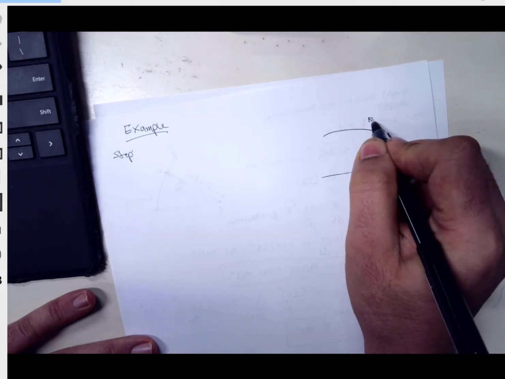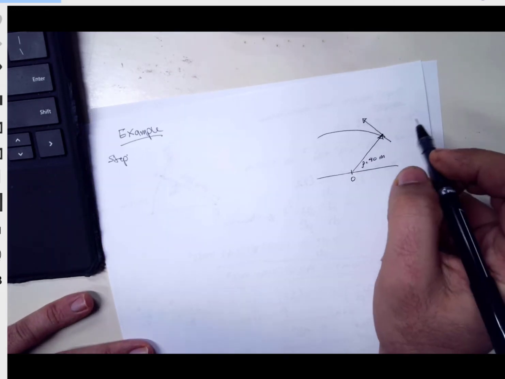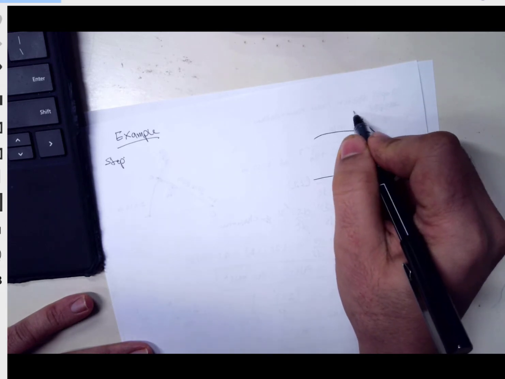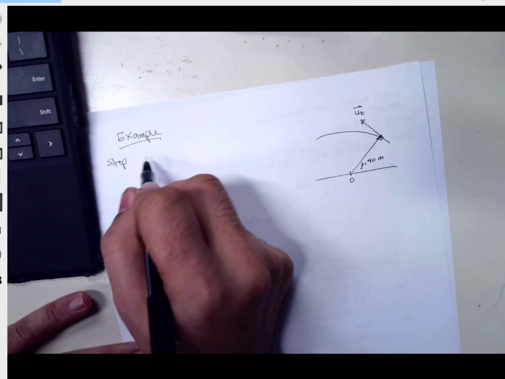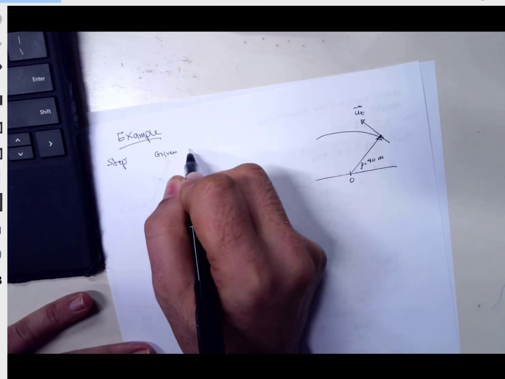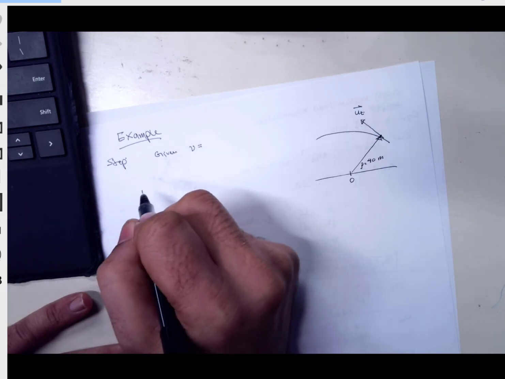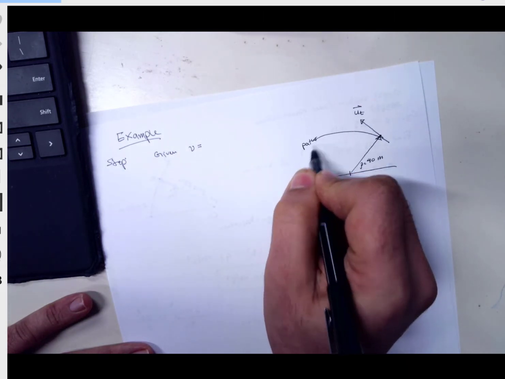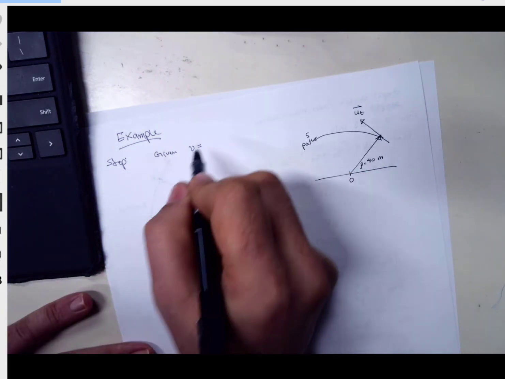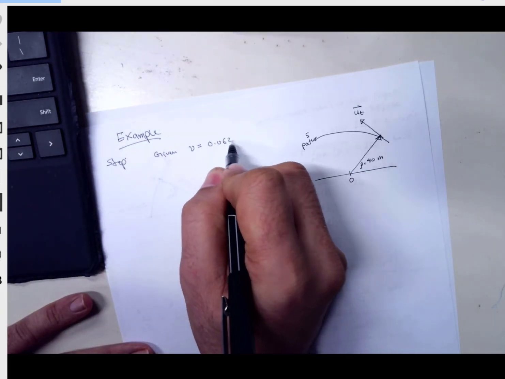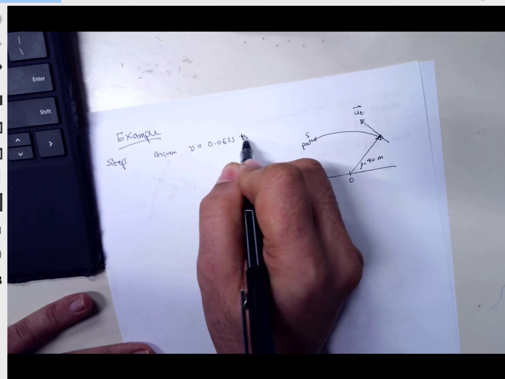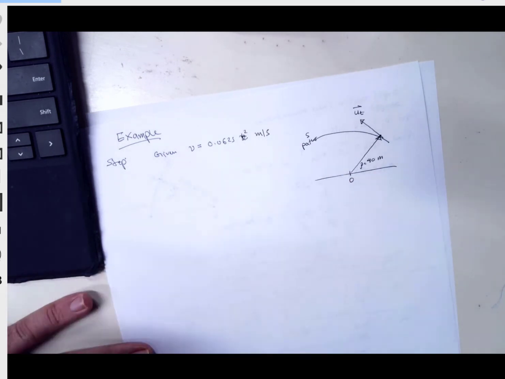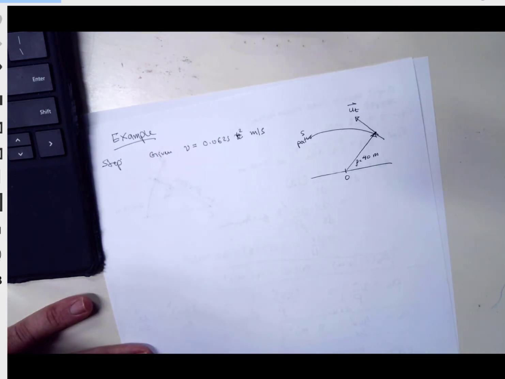The velocity, or the speed, of that boat is given to us, which is tangential, as we said, always to the path. This is the path, or the S, call it. It is equal to 0.0625 t squared. So it's a function of time, which is great. Is anything else given? No, that's all.